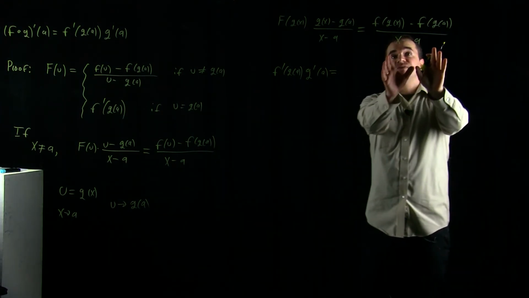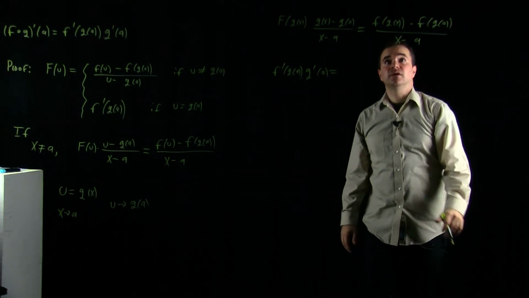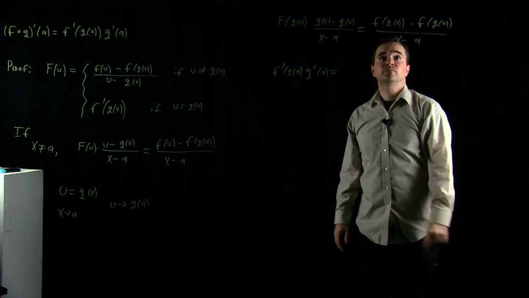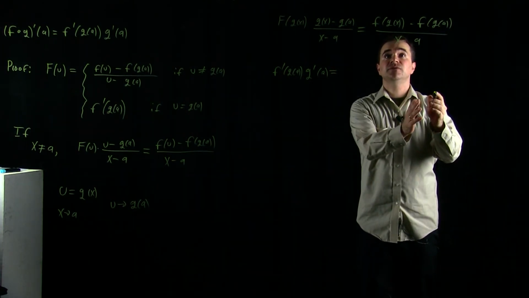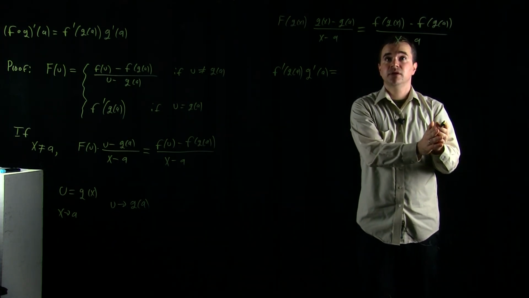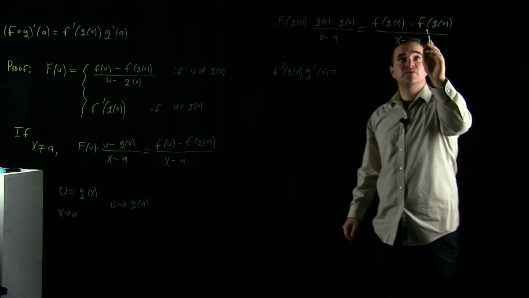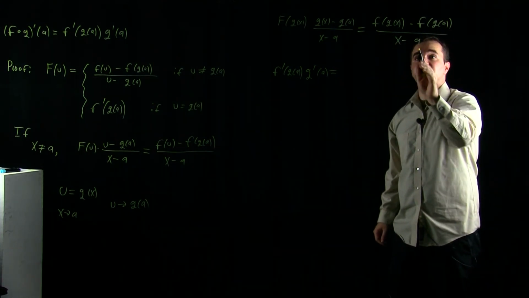And now what happens when I take the limit here as x goes to a? Well, this is the difference quotient for the composition, f composed with g, right? This is f composed with g, plug in x, minus f composed with g, plug in a, divided by x minus a.